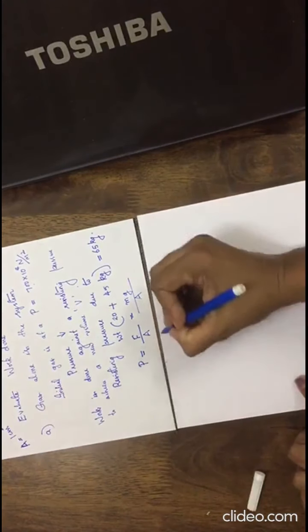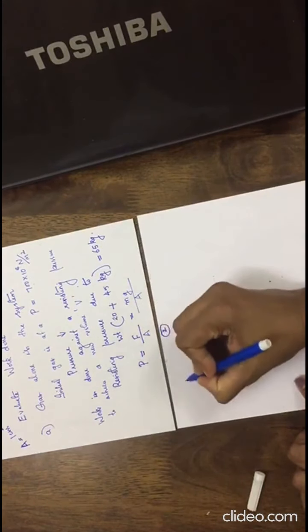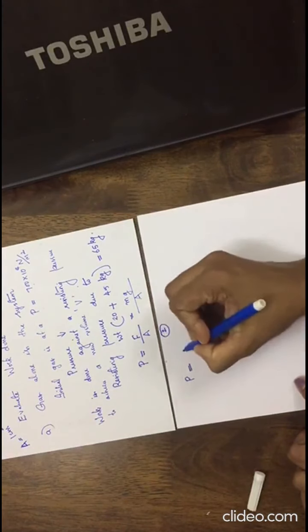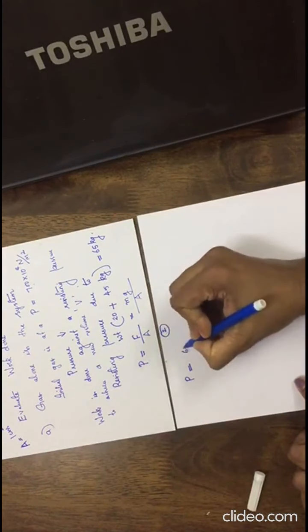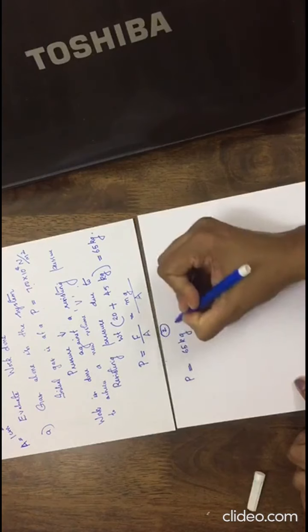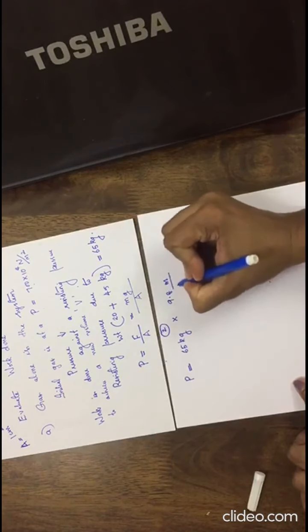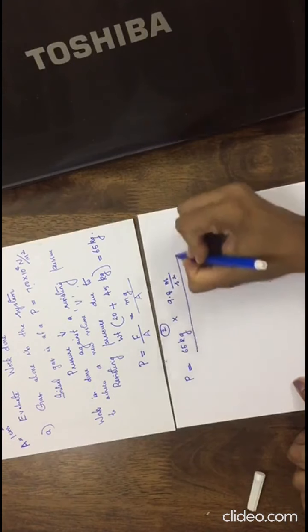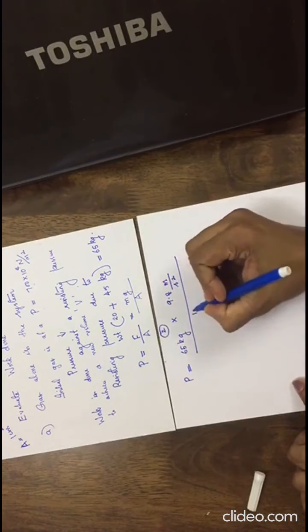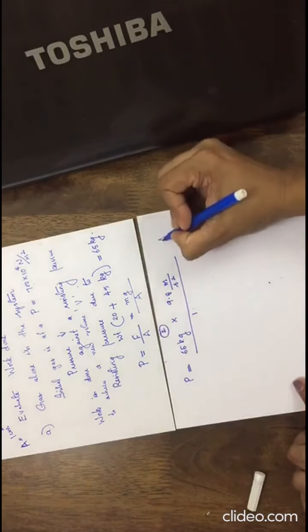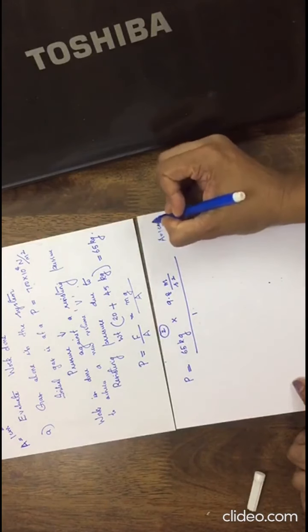So calculate P. P is equal to M, which is 65 kilogram, times G, the acceleration due to gravity, 9.8 meter per second square, divided by the cross-sectional area. What is the cross-sectional area? 1 centimeter square.